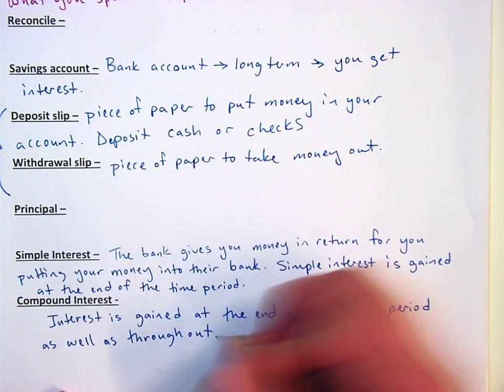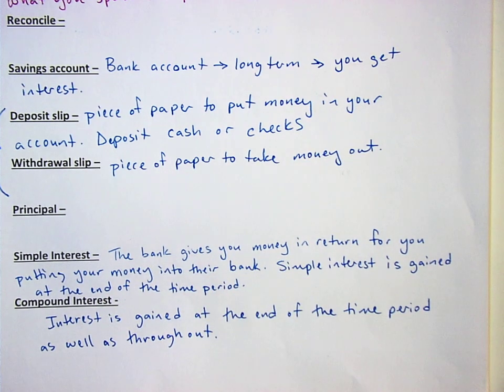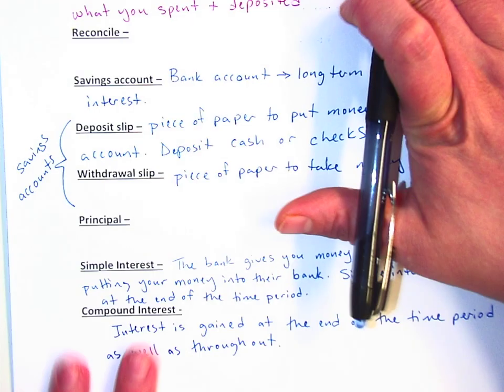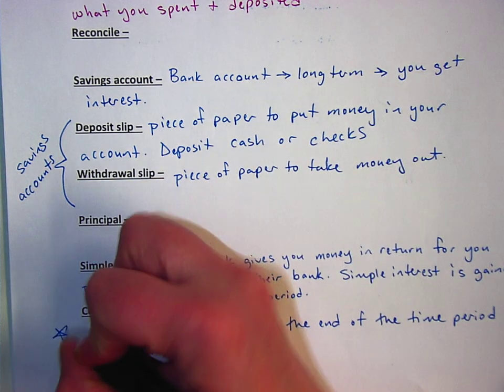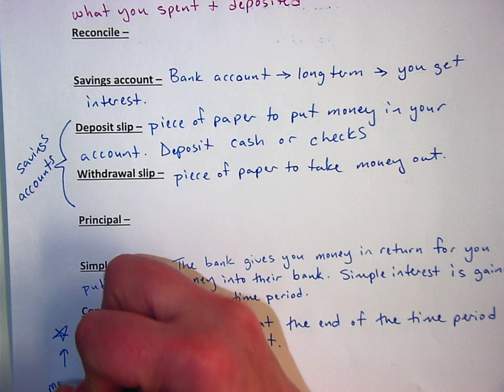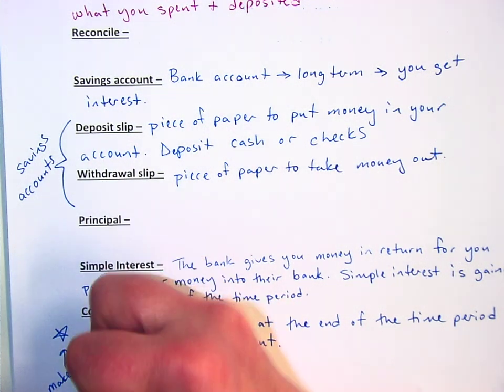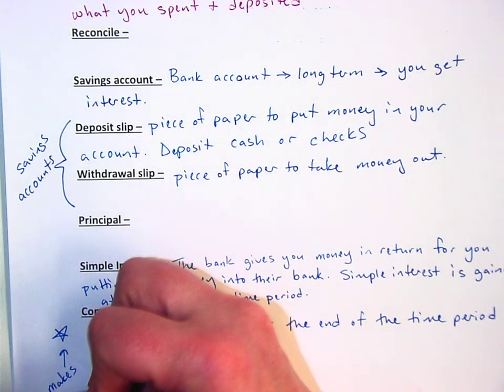So basically, with compound interest, you get money put into your account like halfway through the year or a quarter of the way through the year, based on how much interest you've earned so far. And then that money goes into your account, and then you get interest upon interest. So as far as this one makes you more money, because you're getting interest on interest.